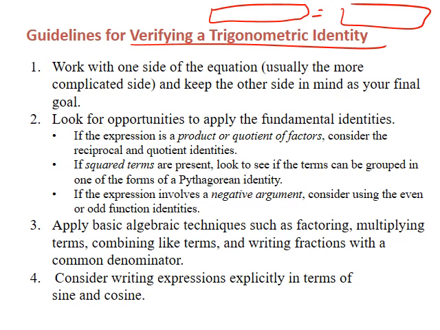So these are some different ideas of what you can do when you simplify. You can consider your reciprocal or quotient identities. You can see if it's a Pythagorean identity or if you need to factor something or combine like terms.